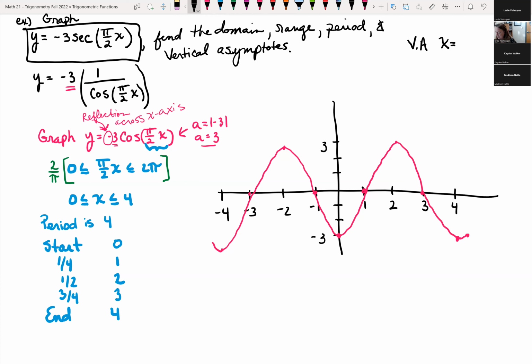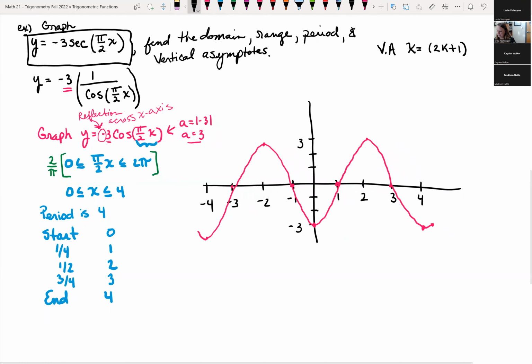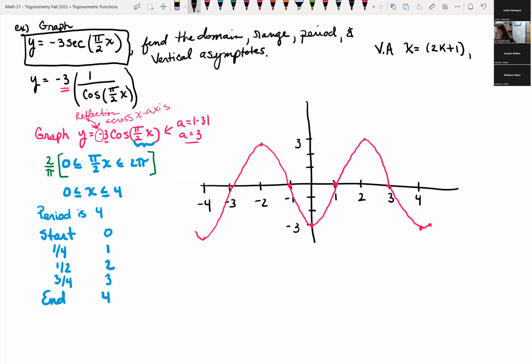So those are odd numbers. So vertical asymptotes at 2k plus 1, where k is an integer. Let's write those vertical asymptotes or denote them by a dotted line, which aren't really there, but helps guide us graph.